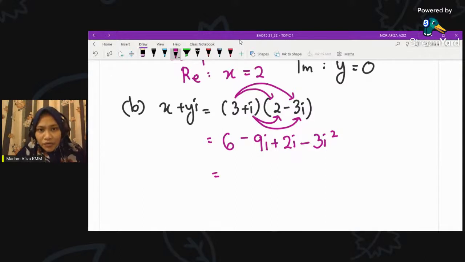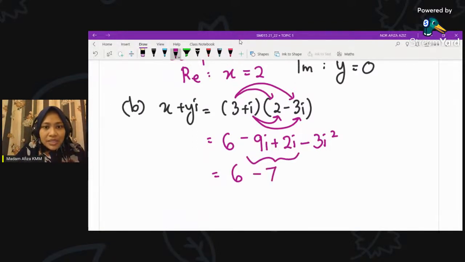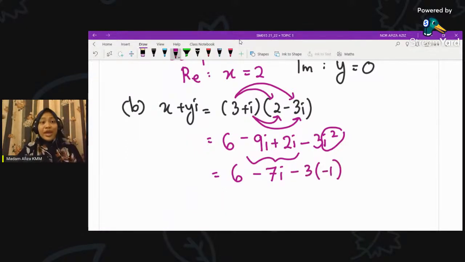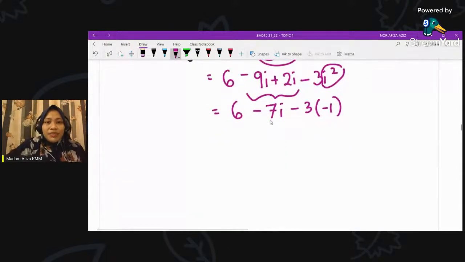So we have over here 6. These two we can add. Negative 9 plus 2 becomes negative 7. And over here, notice that we have negative 1, so we put negative 1 to substitute the i squared. Next, we will try to simplify.